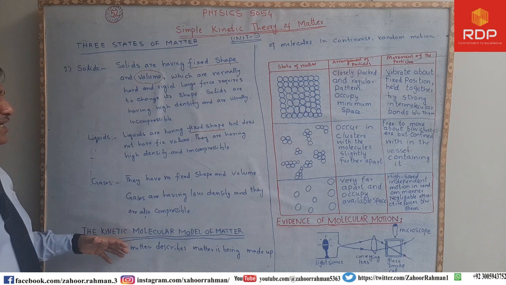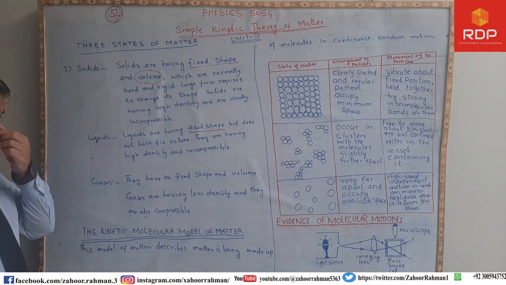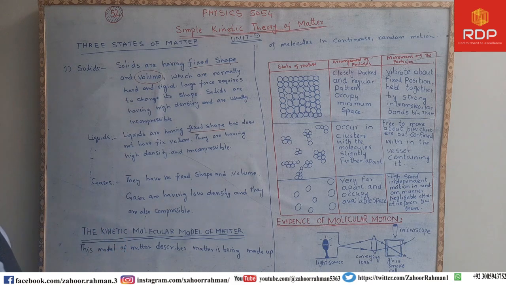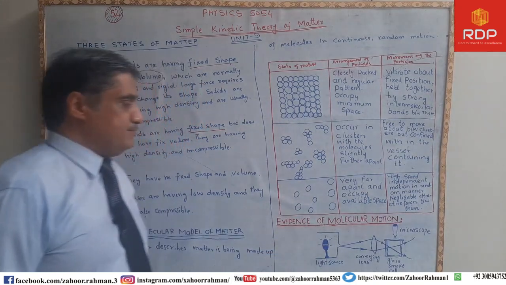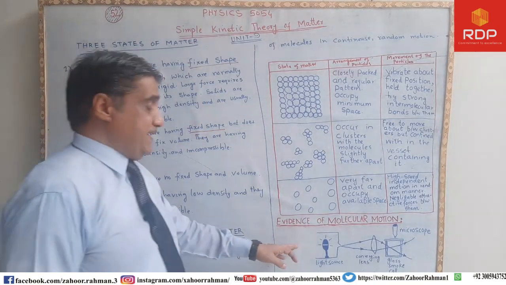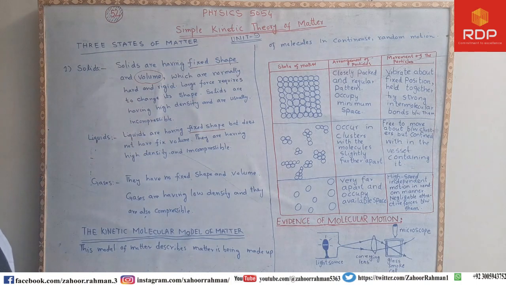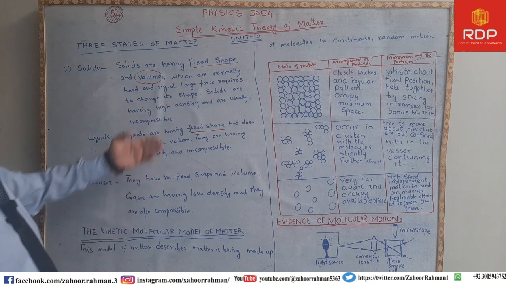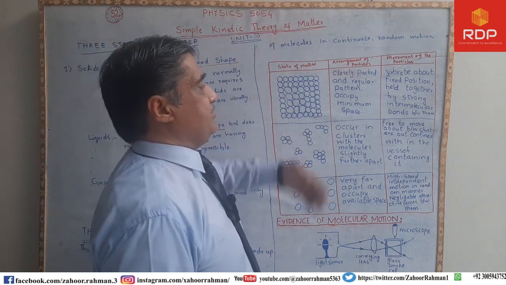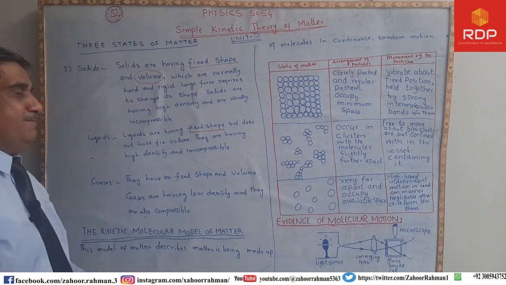Well, the theory was available, but it wasn't explained until Robert Brown did his experiment and showed that yes, we can explain the solids, the liquids, and the gases on the basis of this simple kinetic theory of matter.